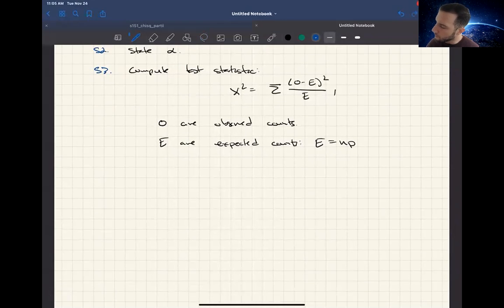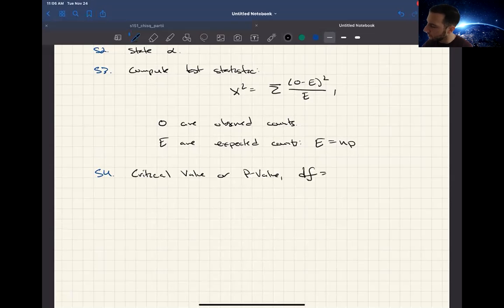And then on step four, we have critical value or p-value. And this is on degrees of freedom equal to C minus 1, where C is the number of categories.